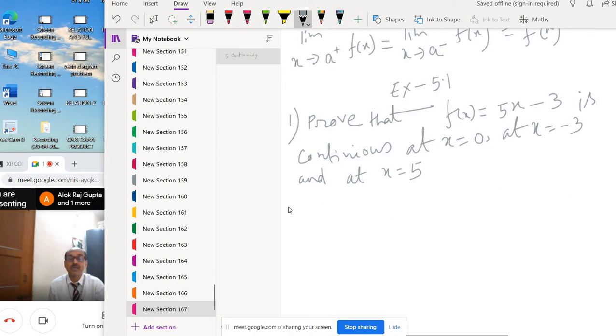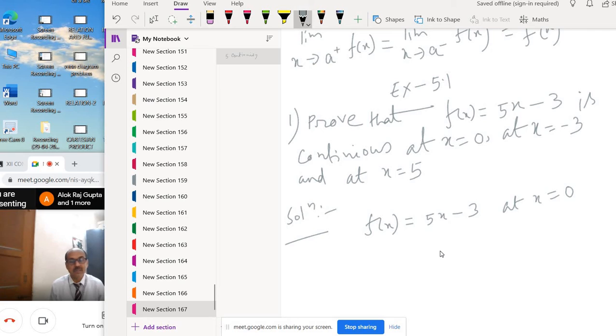So at x equal to 0, the function is f(x) equal to 5x minus 3. In this question, f(x) is given as one function, 5x minus 3, not given separately for right hand value and left hand value.